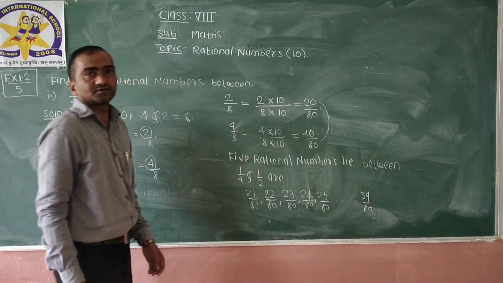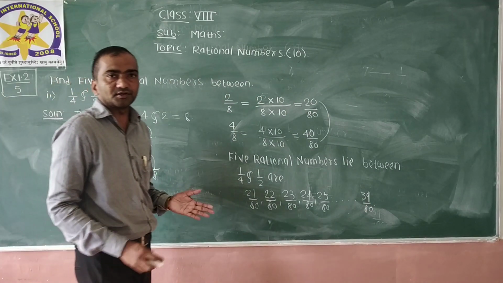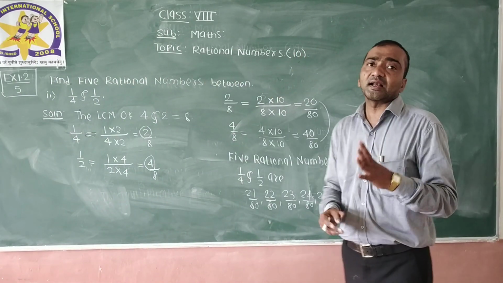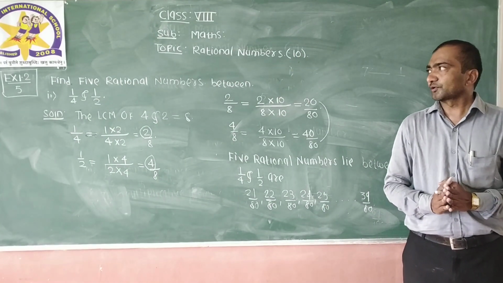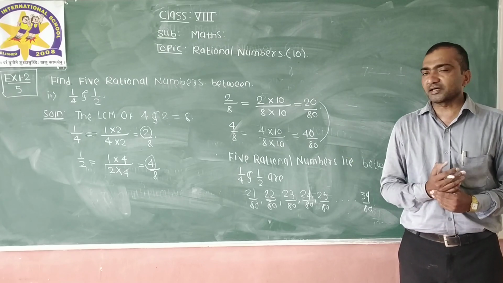It can be any of these. Okay, why can it be any of these? Because we have to write only 5 rational numbers between them. Okay, I hope you understand this second question.